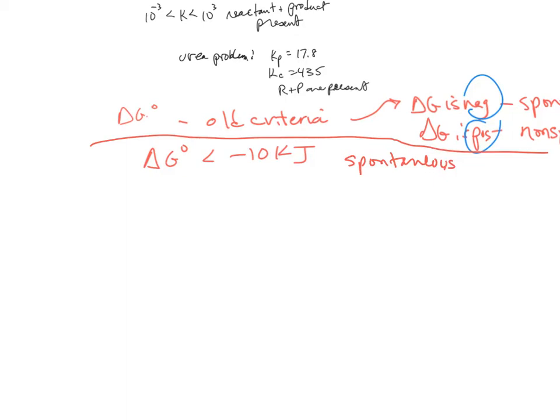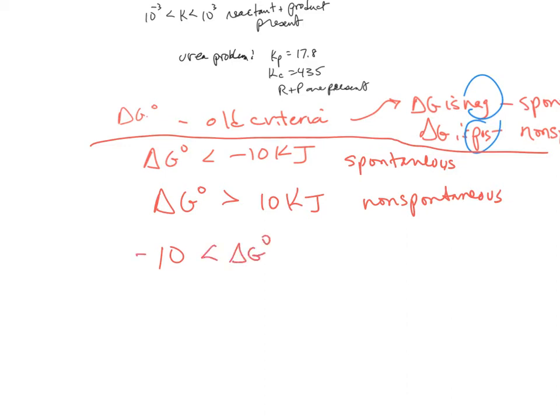If delta G is greater than 10 kilojoules, then that would be non-spontaneous. And then there's this in-between region: if it's between negative 10 and positive 10 kilojoules, then it would be at equilibrium, where you have the reactant and the product present.